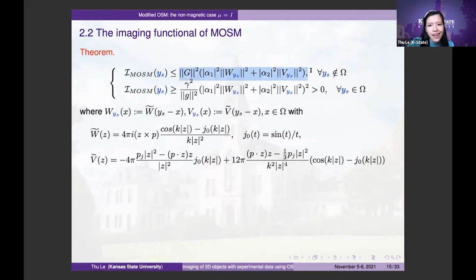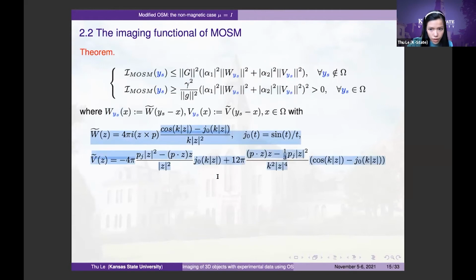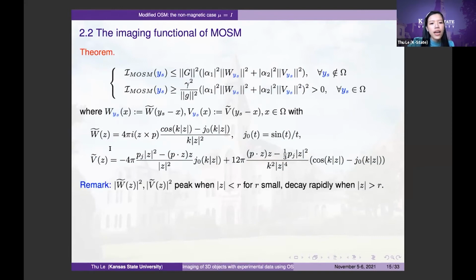These bounds are written in terms of W_y_s and V_y_s, and the formulas of W_y_s and V_y_s are given in the following. They are just cosine, sine functions, modulus of Z. They are functions in R3.